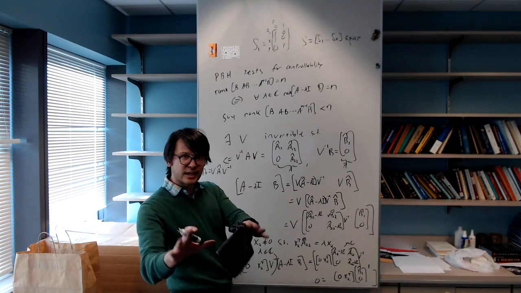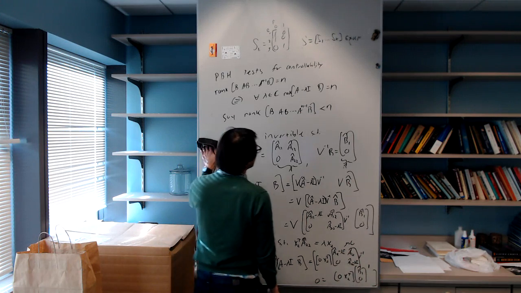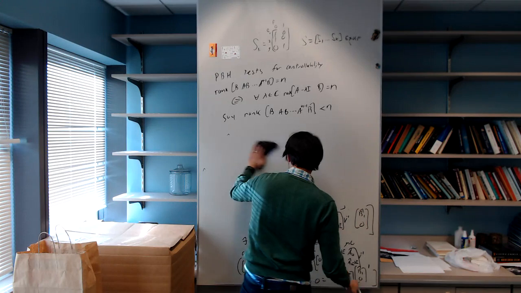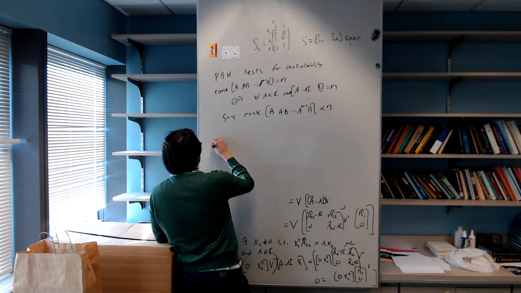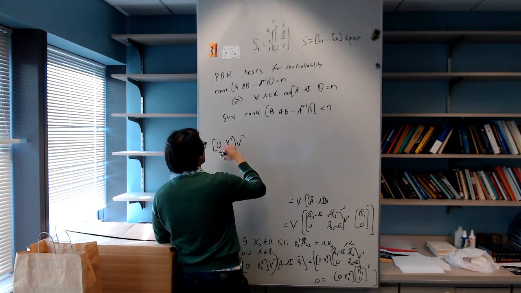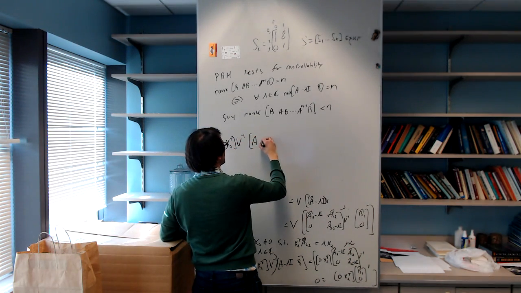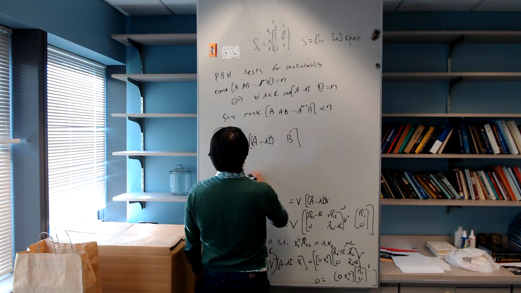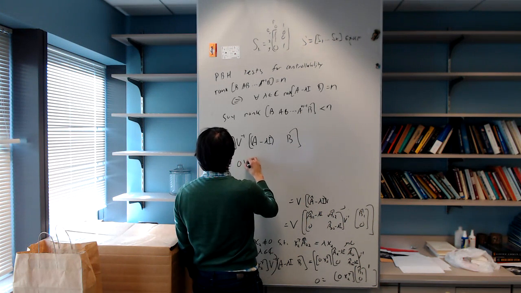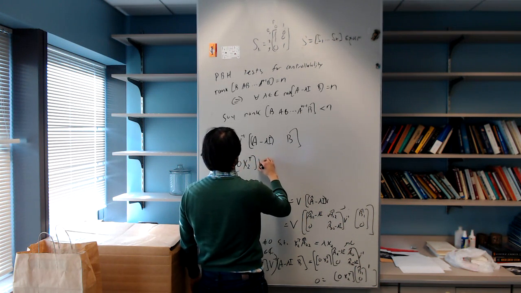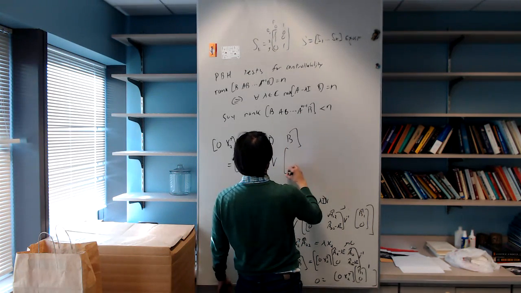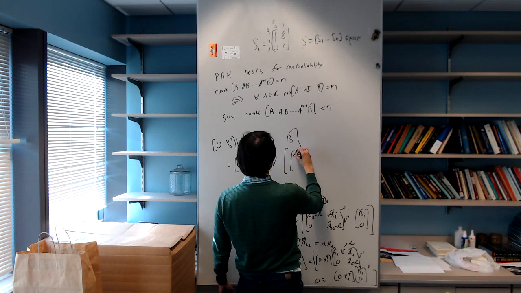Let me just do it again up here, a little bit cleaner and bigger. 0 x2 transpose V inverse times A minus lambda I times B is equal to 0 x2 transpose V inverse times B. Just plugging in that derivation I had before, I'm redoing this more neatly.